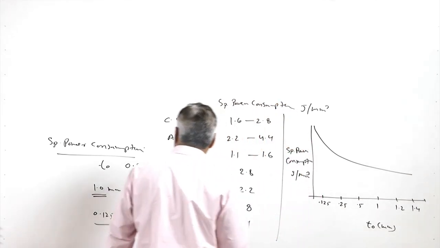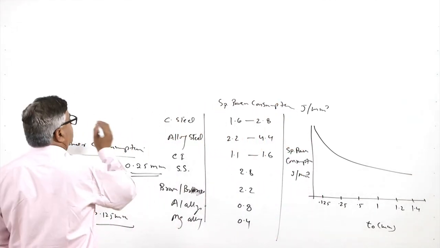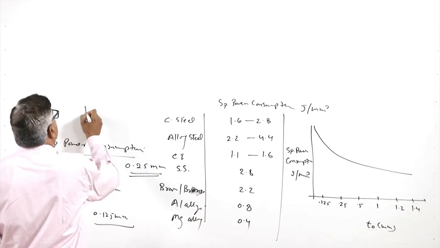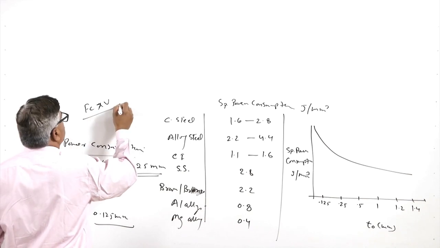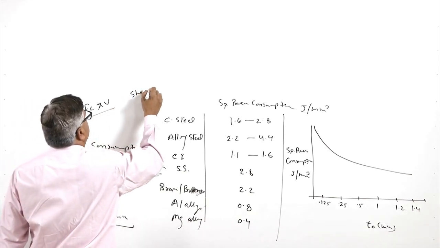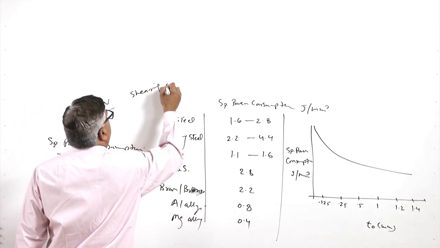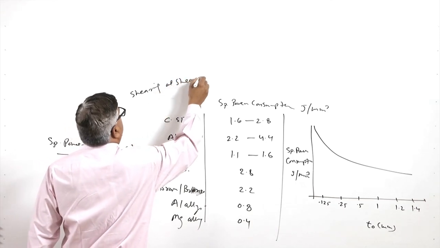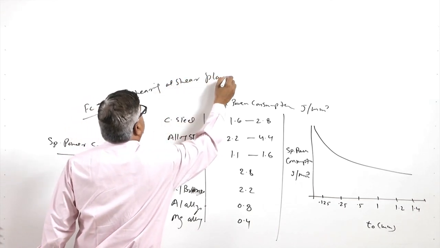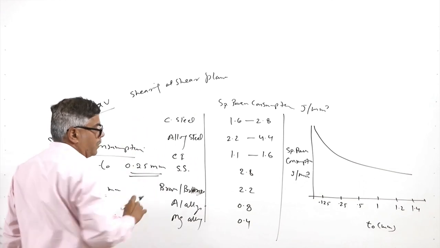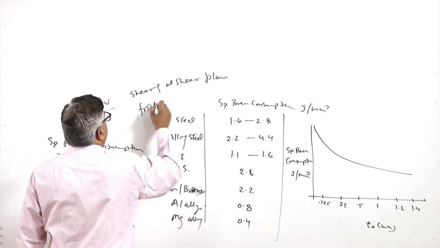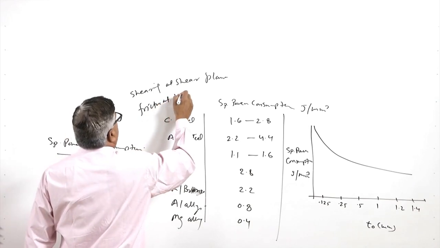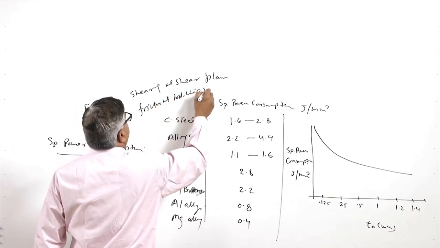The main reason for this is that Fc into V involves two components: one is the shearing at the shear plane, another is the work required to overcome the friction at the tool chip interface.